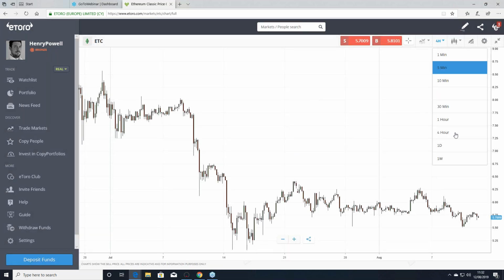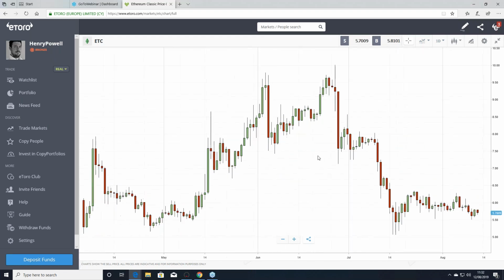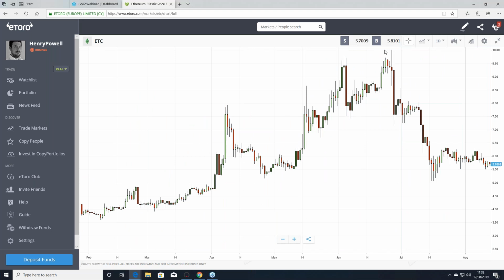Okay, so we're on Ethereum here on the 4 hour. I'm going to go to the daily because daily it gives us better performance on this pattern. I'm just going to have a quick look. So we're looking for three black days. Just a quick bit of advice here. Each of the sellers bars needs to be approximately the same size.